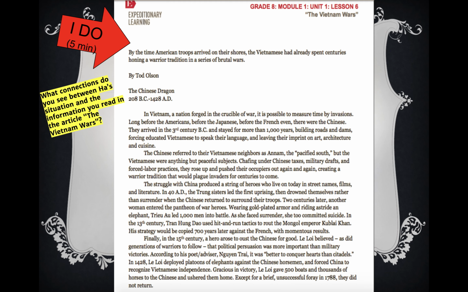But Vietnam ended up retaliating, and there were the Trung Sisters, 2 females who committed suicide rather than surrender, and that seemed to be an ongoing theme in this particular reading. Women were warriors, the men were warriors, and they'd rather give up their life than surrender.